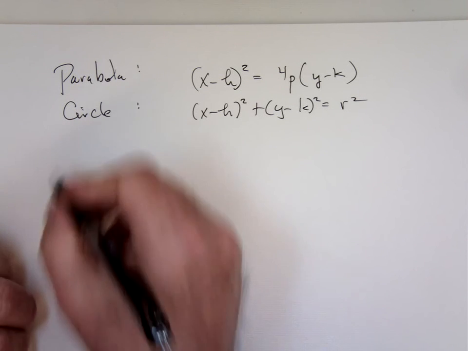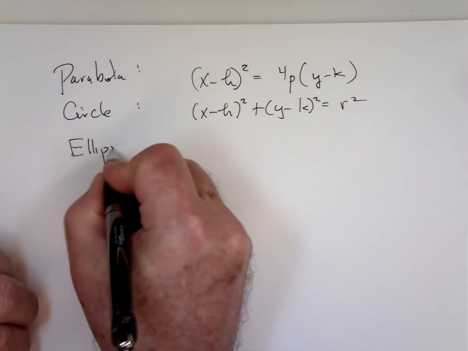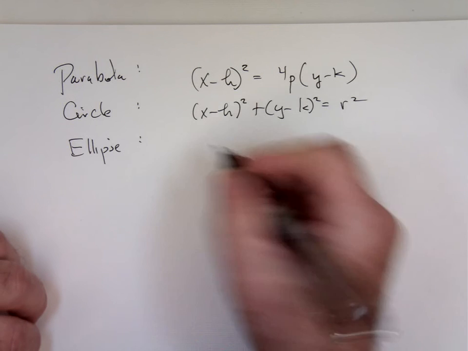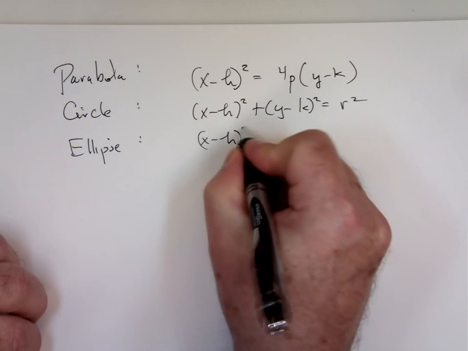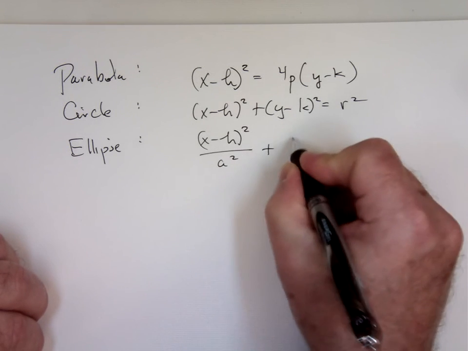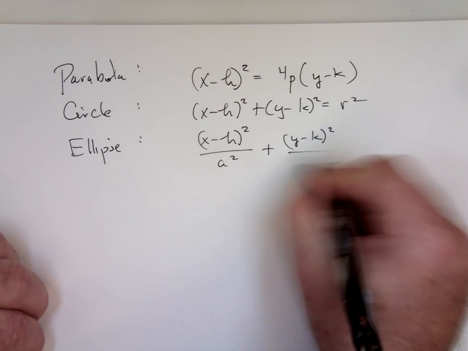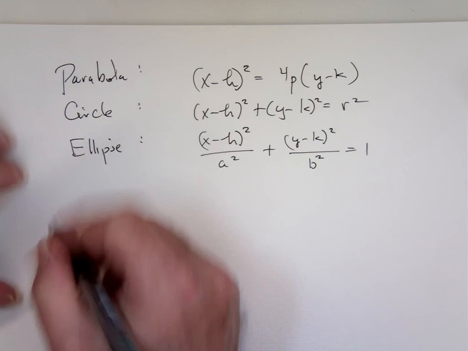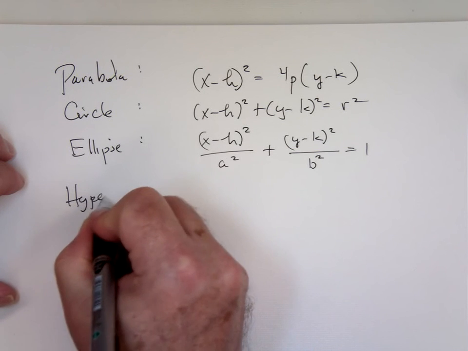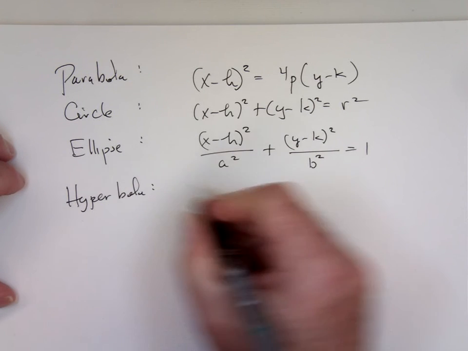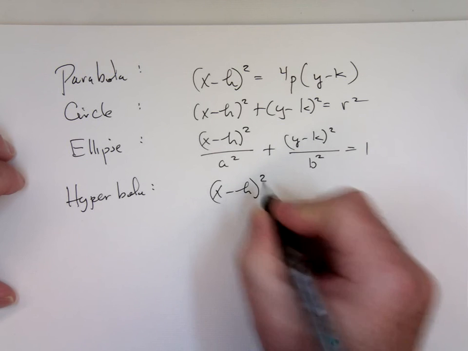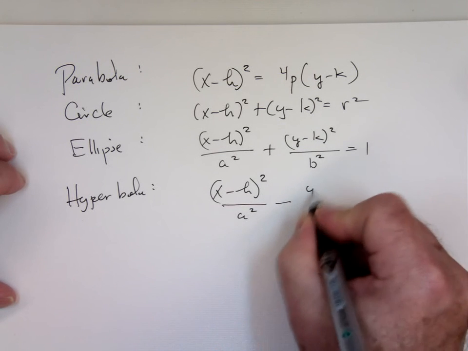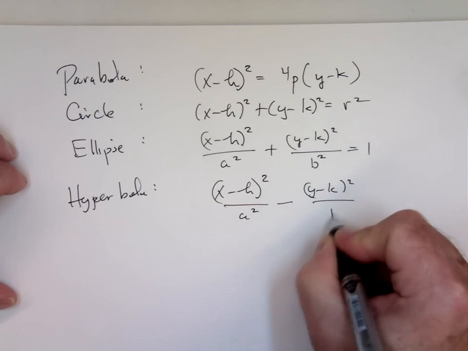Ellipse. The general form is x minus h squared over a squared plus y minus k squared over b squared is equal to 1. And the hyperbola: x minus h squared over a squared minus y minus k squared over b squared equals 1.